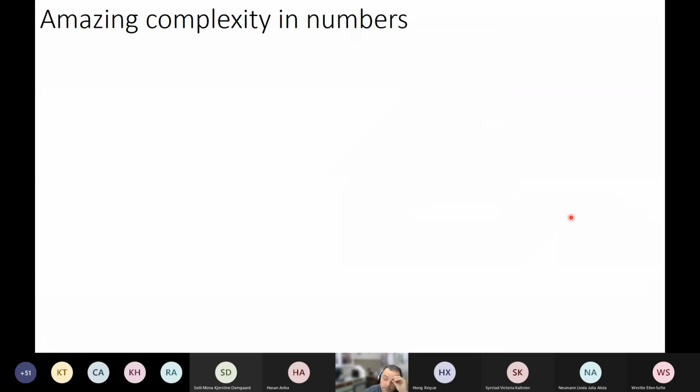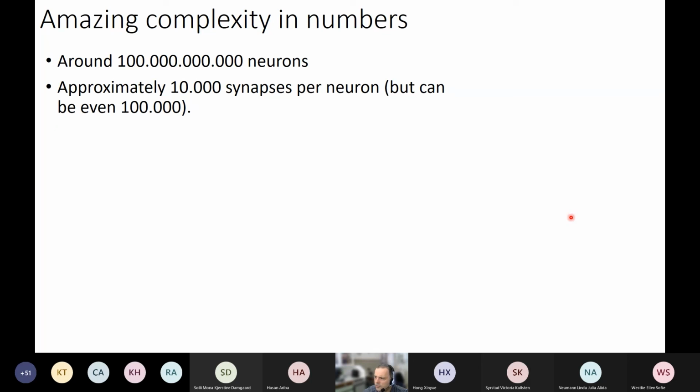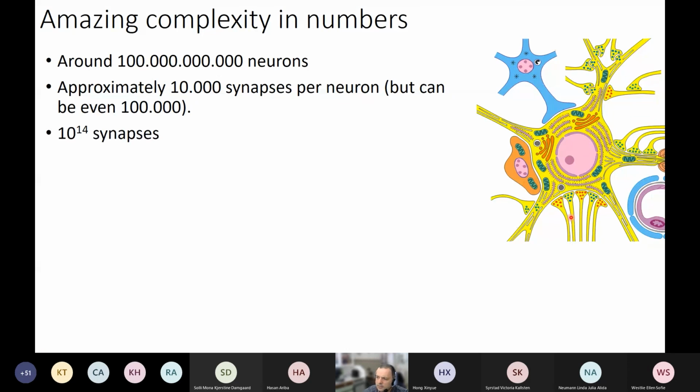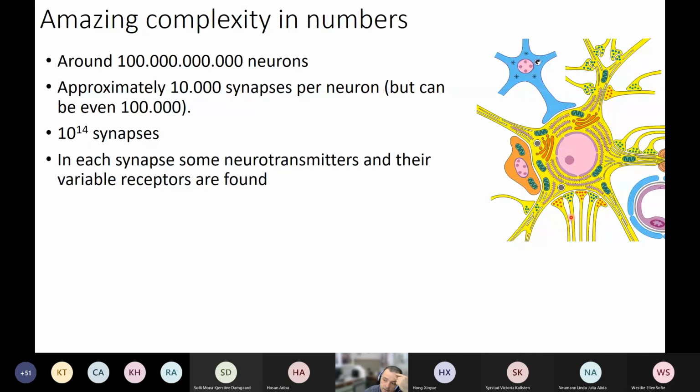And finally, I would like to show you something that is possibly interesting to you. So if you think about that we have around 100 billion neurons, each of which has up to 100,000 synapses, and that shows the number of total synapses in the brain. In each synapse, we have many neurotransmitters, and we may have several receptors.